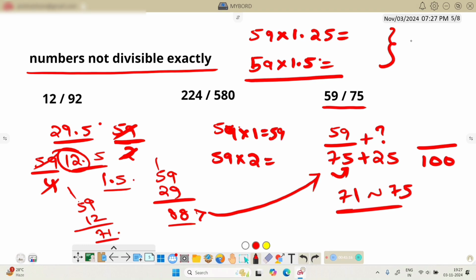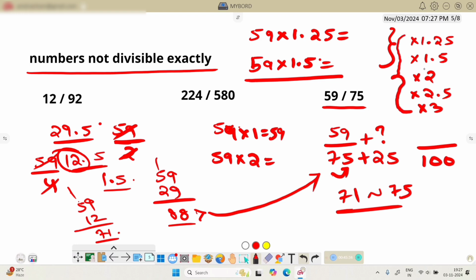Okay, so you just need to know whether the nearest number will come if you multiply with 1.25, 1.5, 2, 2.5 or 3. So in maximum cases you will get it in this range only. Okay, so the maximum ratios will come in this range only. If you check in this range, you will get the answer. Okay, so you need not go for 3.5. In that range they don't give the divisions. So in this range you can find out the non-exactly divisible ratios.